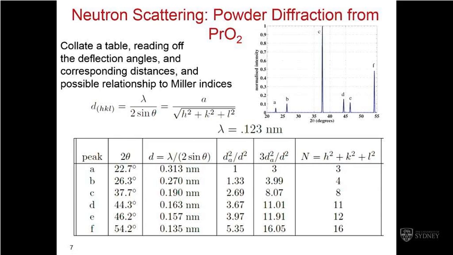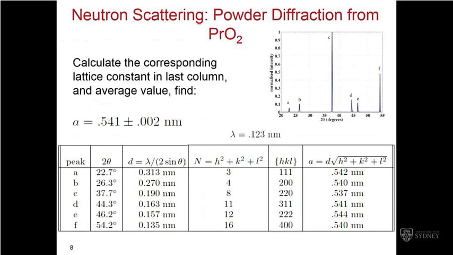Okay. So once we find those Miller indices, so we've got to label those peaks with the Miller indices, and then we know this relationship between a and d. So if we've managed to find the HKL, then we can simply substitute them in. We know the d, which we just measure off.